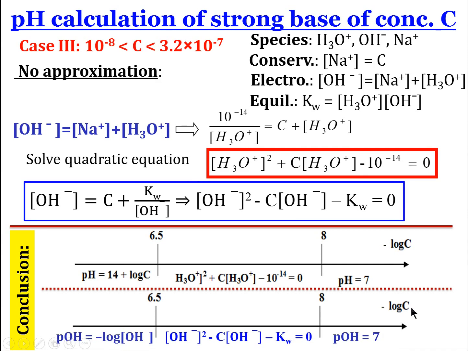And if minus log C is greater than 8, the pOH is equal to 7. And if minus log C is between 6.5 and 8, we solve the second degree equation according to OH minus squared minus C OH minus minus Kw equal to 0.